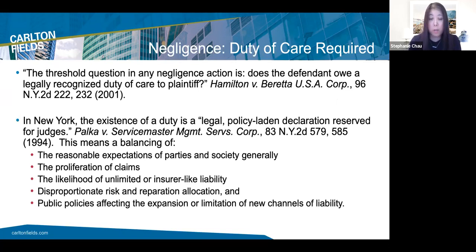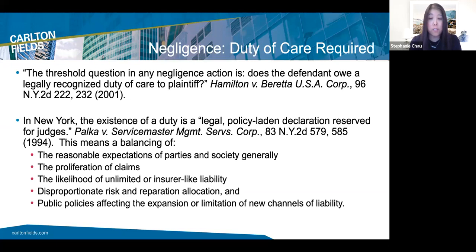Now, you may be thinking, what exactly is a duty of care? Well, it simply means the legal obligation which is imposed on an individual or an entity that requires adherence to a standard of reasonable care while performing any acts. And the next question after that is, when does a duty of care arise? The existence of a duty of care is really a policy-driven decision made by judges.